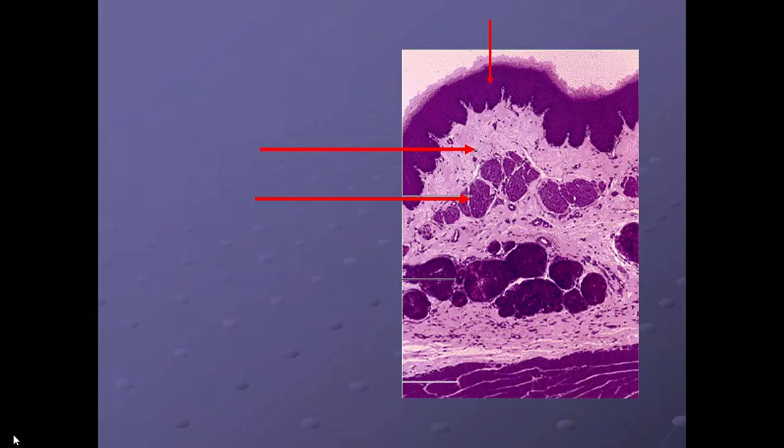Lining epithelium is what? This would be your lining. Ano yan? Okay. Nasa protective tayo. Okay, this one. Lamina propria. Okay. And your, what are these? And that one.